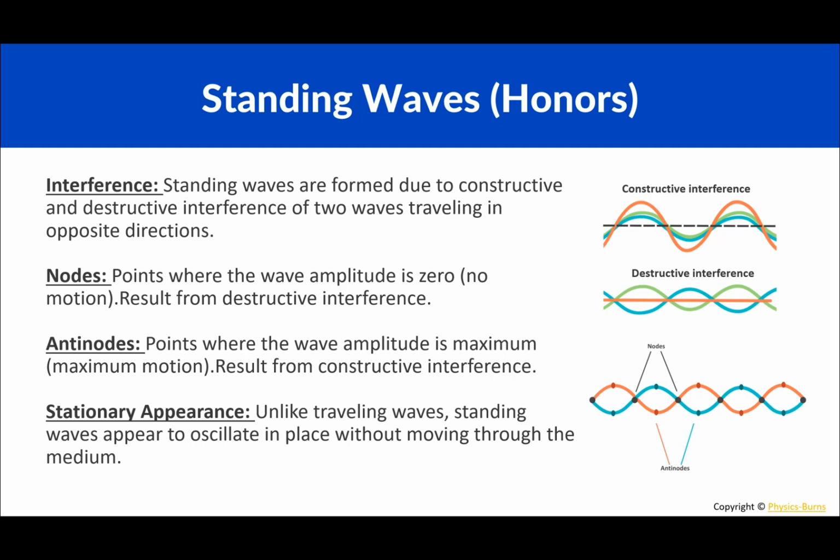Okay, so as the waves are moving back and forth between these two barriers, standing waves are formed due to constructive and destructive interference of two waves traveling in opposite directions. Some are going up while some are going down, creating constructive and destructive waves. There are going to be certain points where it's totally destructive, like here, and here, and here, and here.